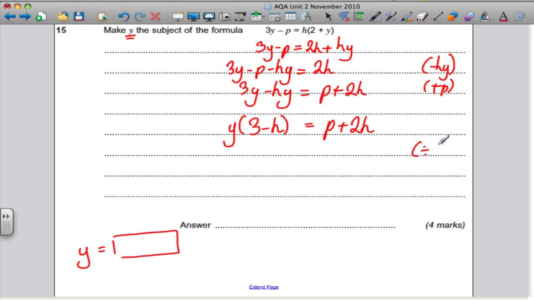And lastly, divide by 3 subtract h, and you would get y is equal to p plus 2h divided by 3 minus h. y equals p plus 2h divided by 3, subtract h. y, the subject of the formula.